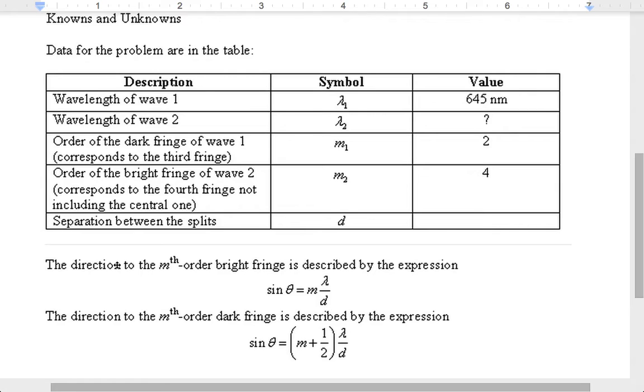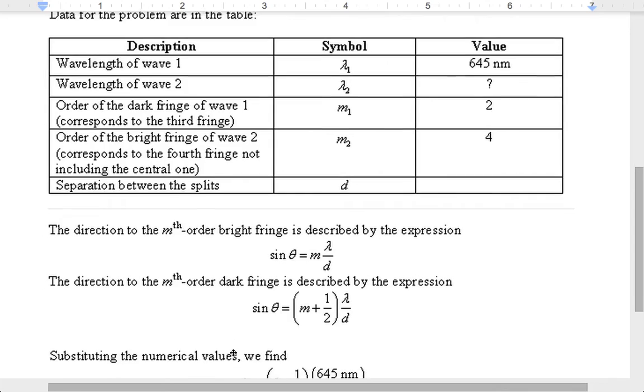The direction to the mth order bright fringe is described by this expression: sine of theta equals m times lambda over d, and for the dark fringe, sine of theta equals m plus 1/2 times lambda over d.